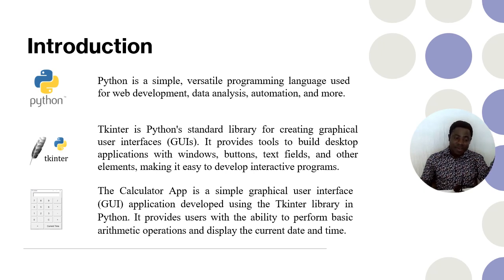And significantly, we're going to be using this same approach to create the date and time. So this app will be very useful not just as a calculator but also as a time to tell us what is the current time.